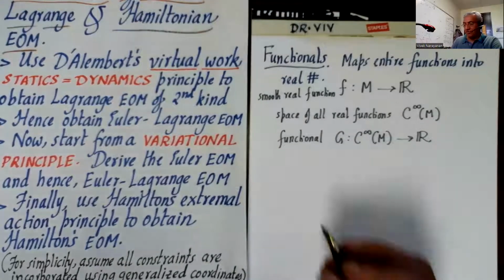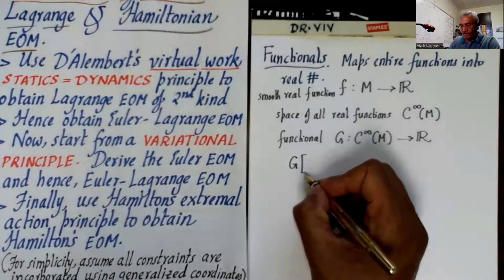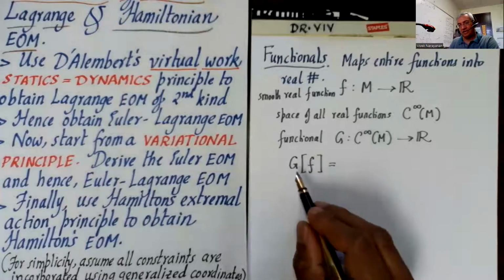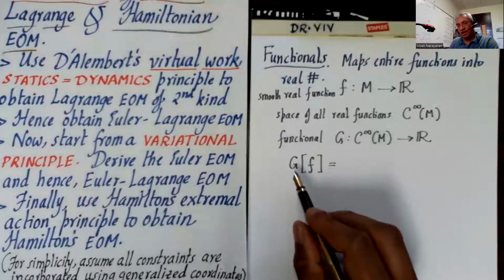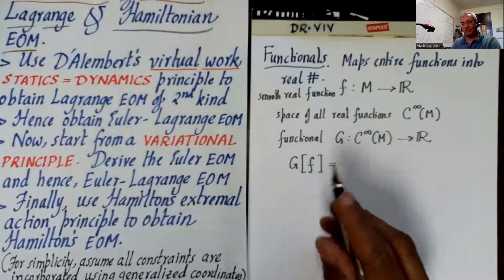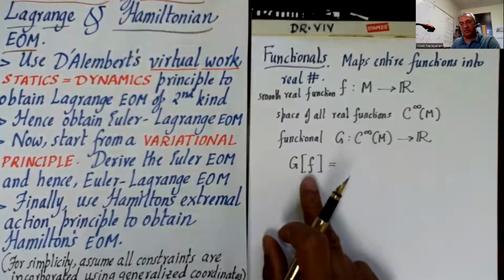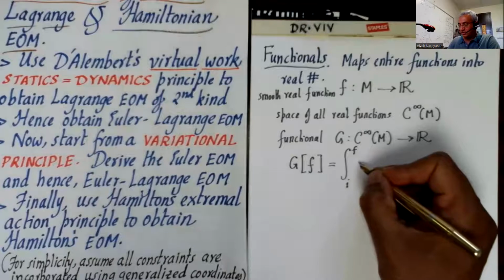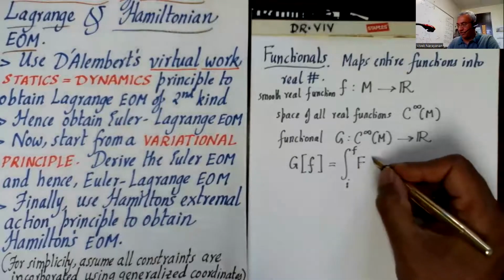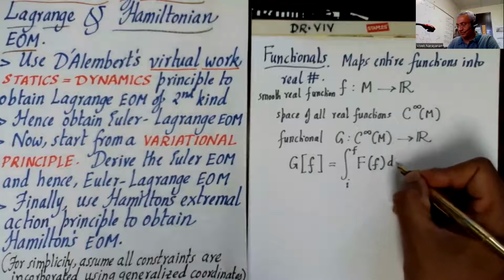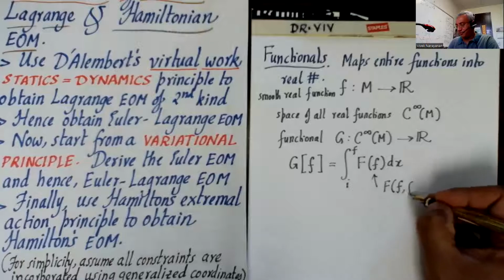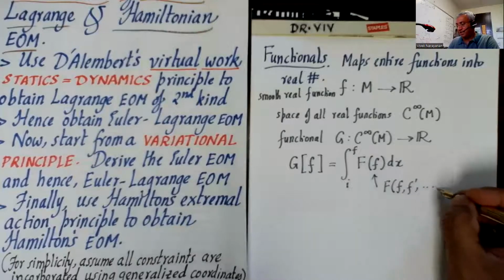So what is the appearance of a functional? It looks like this. G consumes the function f as follows. To define the functional, I have to tell you how it eats the function and spits out a real number. So currently it's chewing on that function. Let us see what's going on inside its guts. That is the integral from I to F of some other function capital F of f dx. Now when I write capital F of f, I mean that it can be F of f, f prime, any number of derivatives, and x.